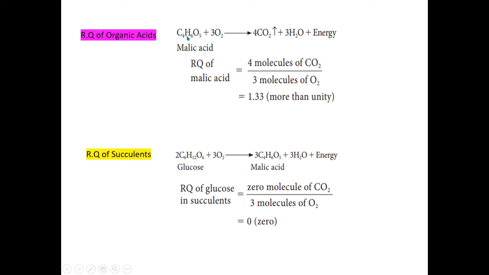See here, malic acid, we have more oxygens than carbons. So they require less oxygen for the oxidation, and the liberated carbon dioxides will be more than the oxygen absorbed. So RQ value of malic acid comes to 1.33. All organic acids have RQ greater than 1, more than unity. Okay, and RQ value of succulents.